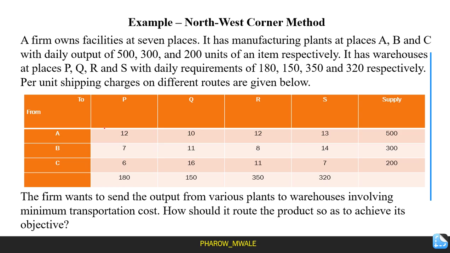So we start with the northwest corner of our transportation table, and then we consider the cell which is in the first column and the first row. What do we mean by considering the cell in the first column and first row?